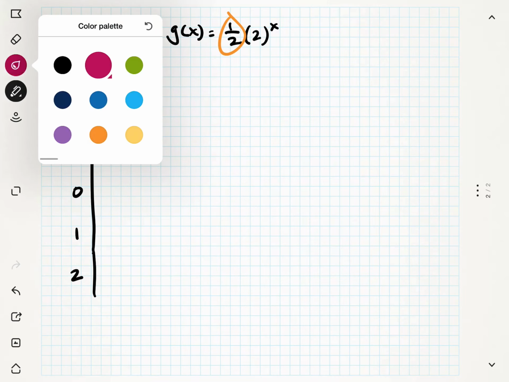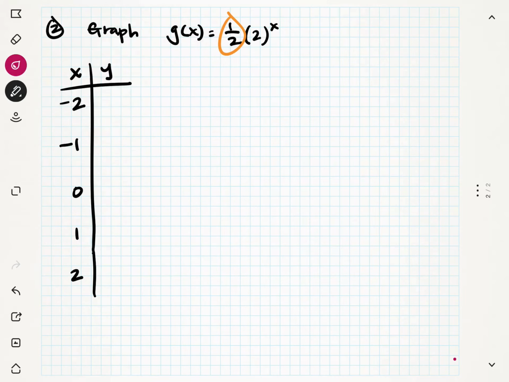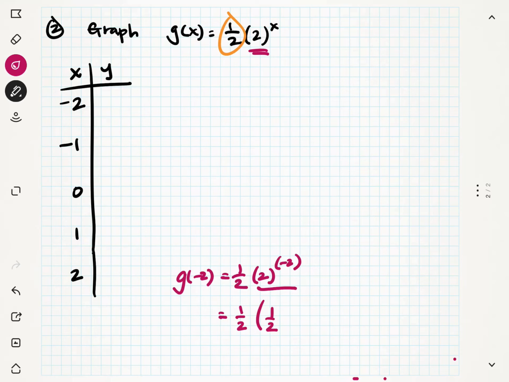All right, so this is the only thing that's really different that you got to be careful about, is that we're going to do our exponent and our multiplier first, and then we're going to multiply by the initial amount. So if we're doing g of -2, we're going to take this thing first. The -2 means to reciprocate 2, so the reciprocal is 1/2 to the second power.